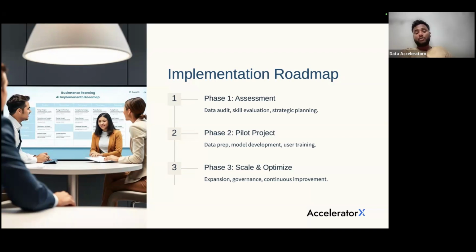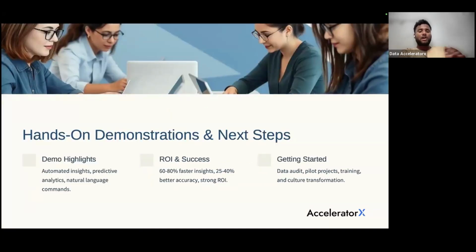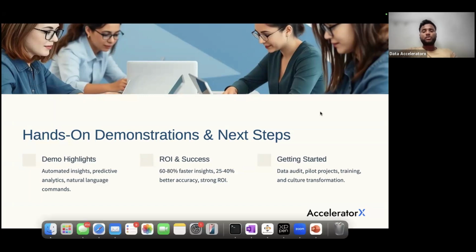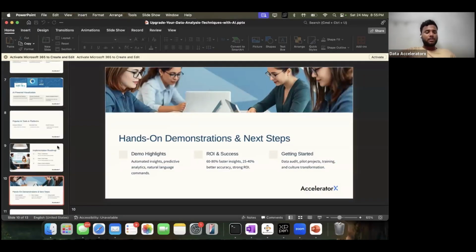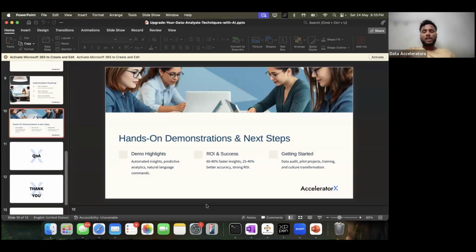Maybe you can do it in hours or in minutes. That's the difference. Apart from that, you can also do hands-on demonstrations and all that. You can automate insights and predictive modeling.